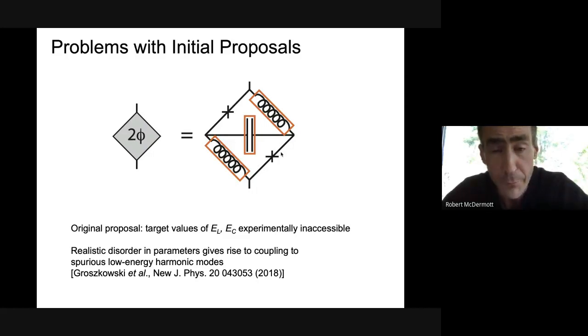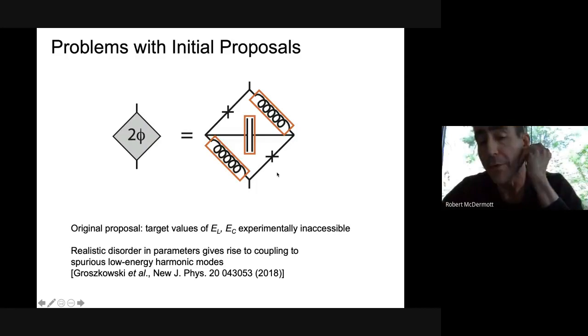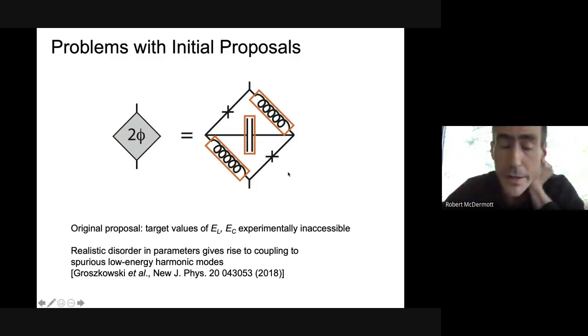Another issue is that for the target values of E_L that you need, you end up, with any modest amount of disorder in the system, with some very low-lying harmonic modes that will couple to the logical states, and that can give rise to some problems. And this is described very nicely in this recent paper from the group of Jens Koch. So, this looks kind of hard.